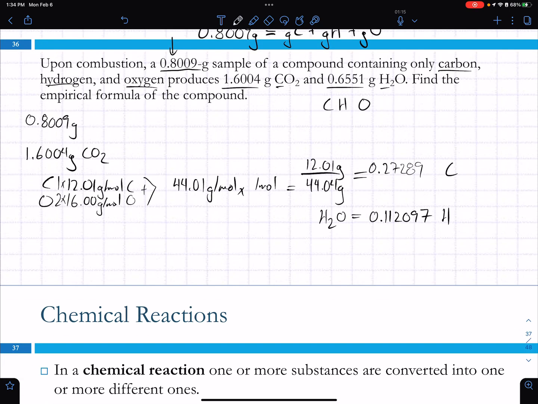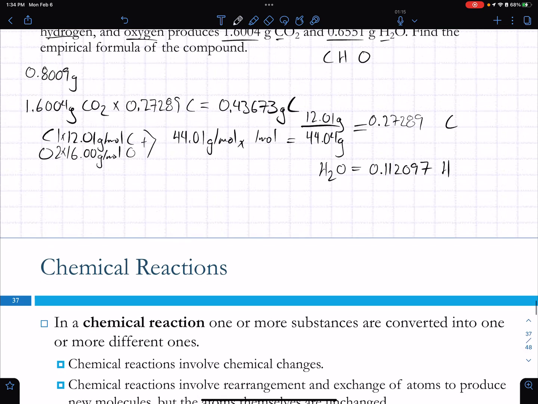So now for carbon, we take the 1.6004 and multiply it by 0.27289. That's the proportion of carbon, and that tells us how many grams of carbon. So that's 0.43673 grams of carbon.